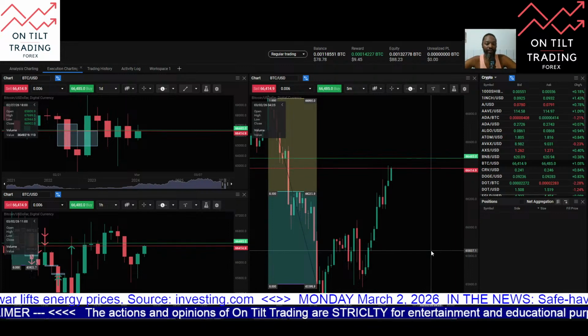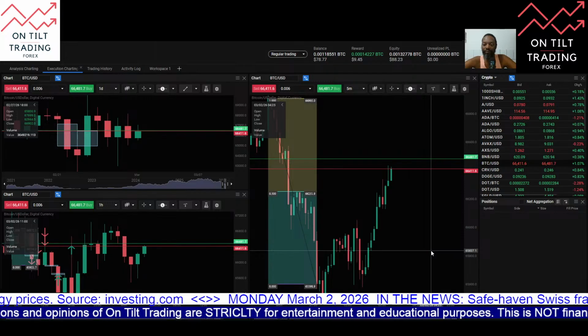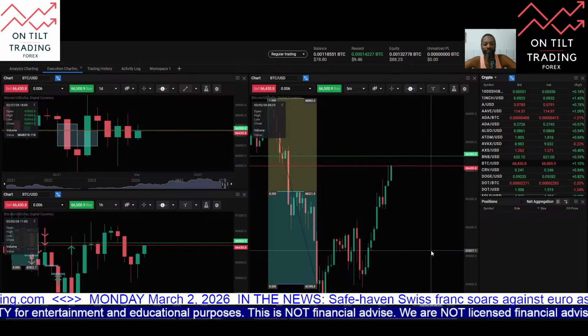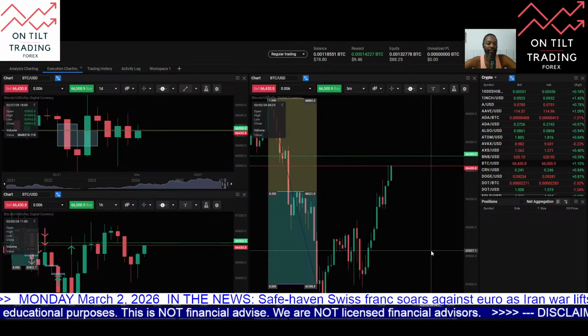Still consolidating here near these retest levels, or near this retest and rebalance levels.